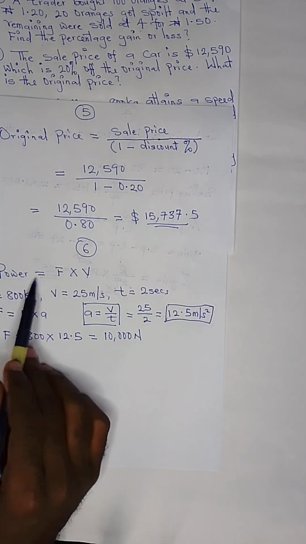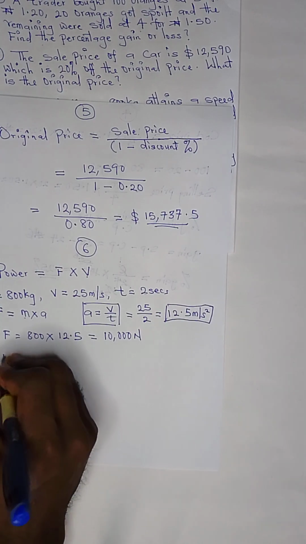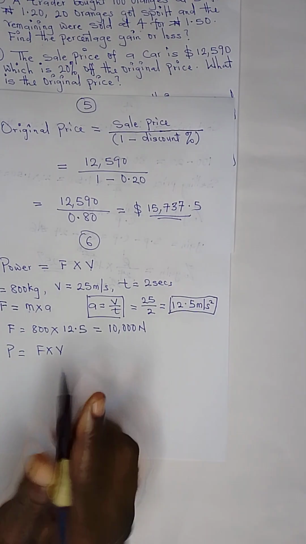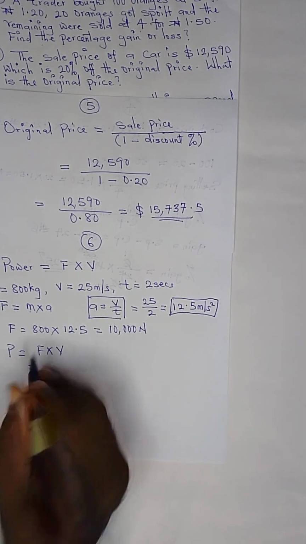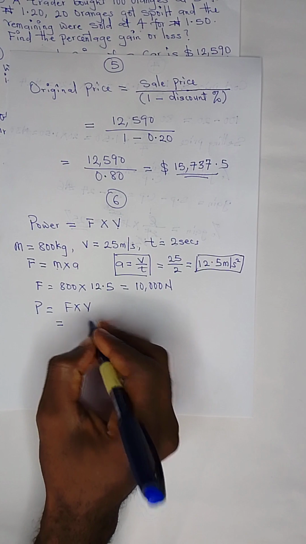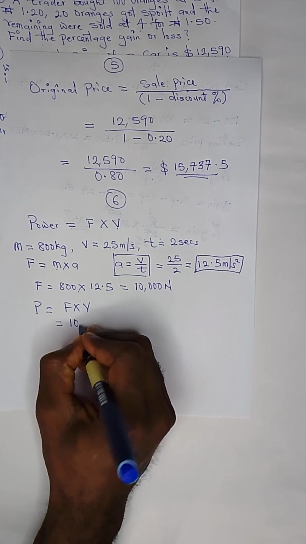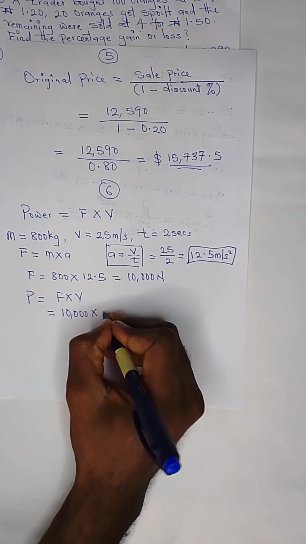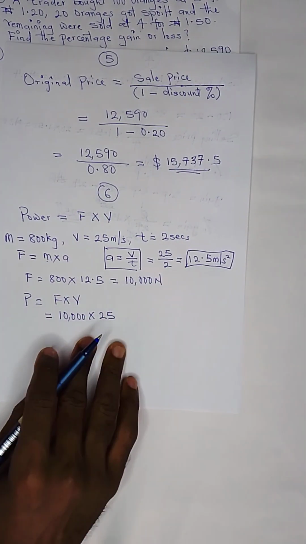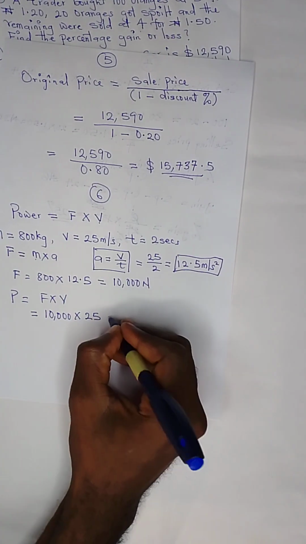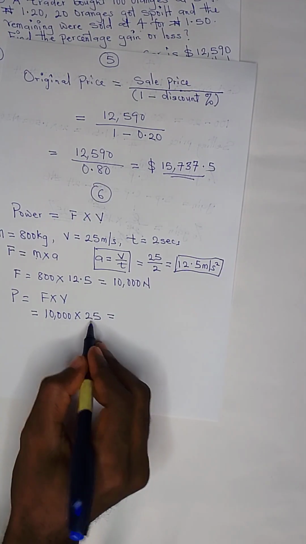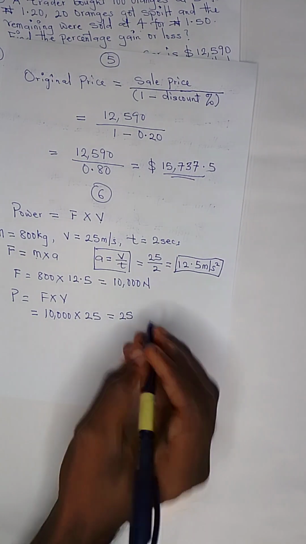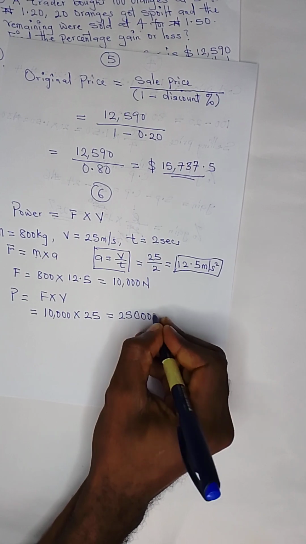Now we can calculate the power by saying power is equal to force times velocity. Force is 10,000, so we say 10,000 times the velocity, which is 25. 1 times 25 is 25, then we have our 4 zeros, 1, 2, 3, 4, so we just add them to that 25.